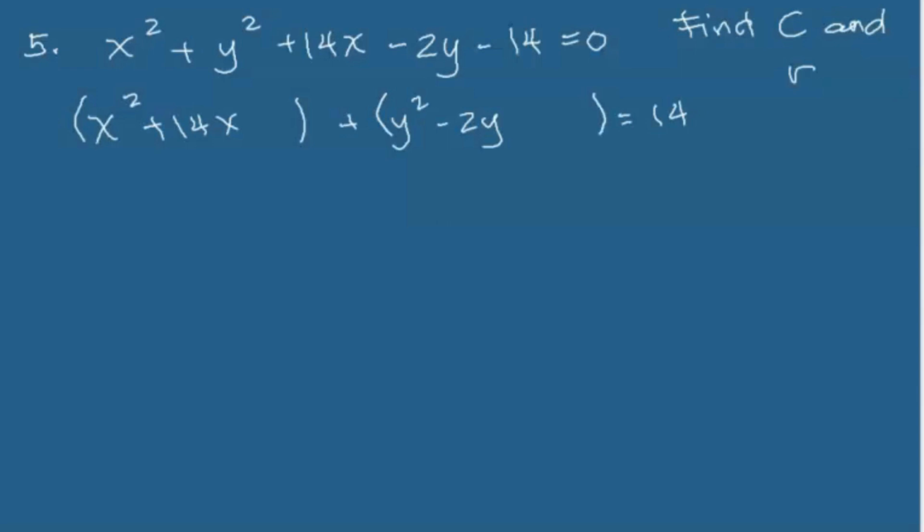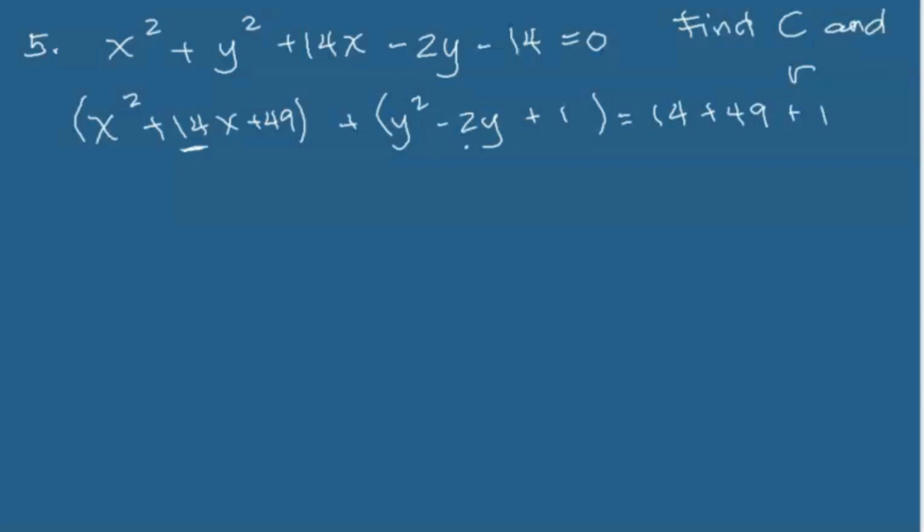Again, completing the square: half of 14 is 7 and square that, so plus 49. It means we need to add 49 on the other side. Now the y's: half of 2 is 1, 1 squared is 1, so here again plus 1.